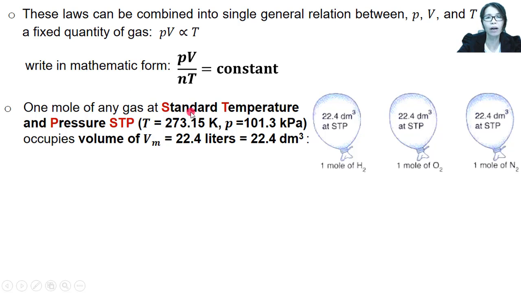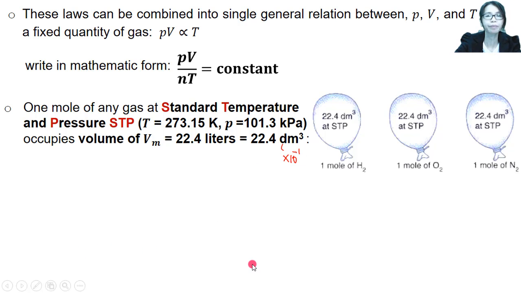But if the gas is at standard temperature and pressure, STP, whereby the temperature is 273.15 Kelvin and the pressure is 1 atm, 101.3 kilopascal, we will find that all the gases occupy a volume of 22.4 liter, equivalent to 22.4 decimeter cube. Deci means times 10 negative 1.